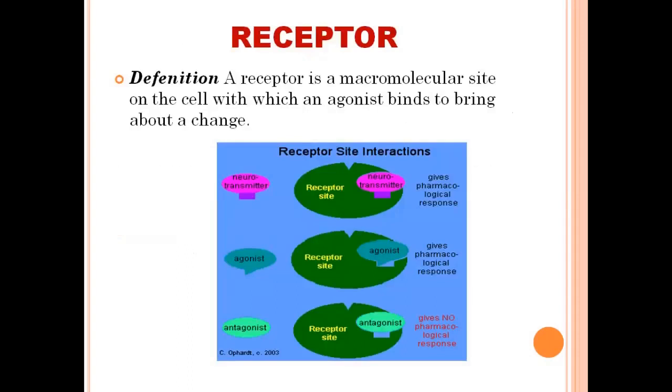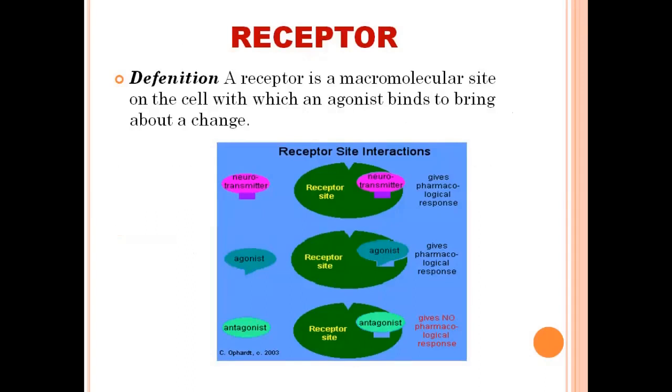Next we move on to what is a receptor. A receptor is a macromolecular site on the cell with which an agonist binds to bring about a change. Okay, so here we can see the natural things which can happen.